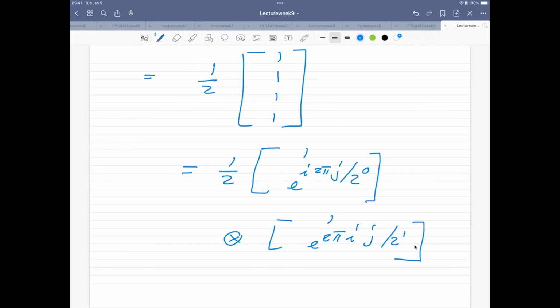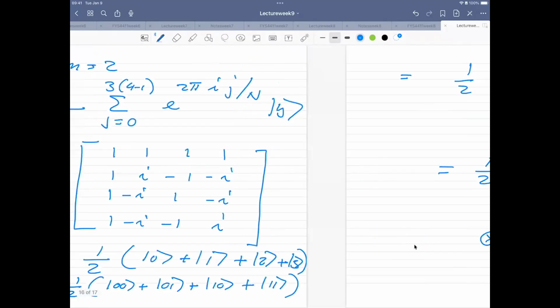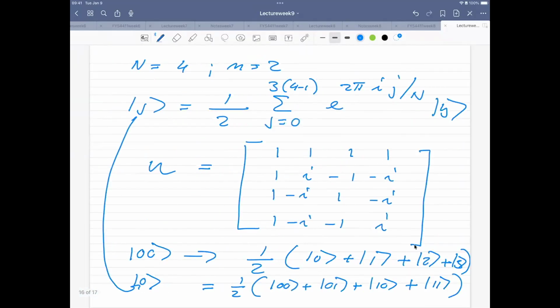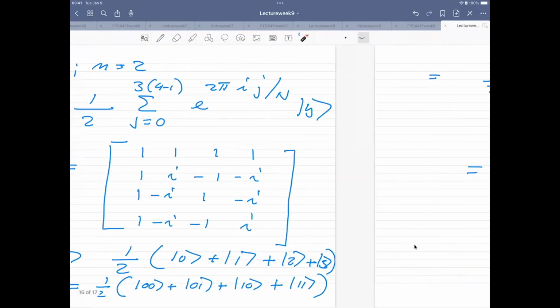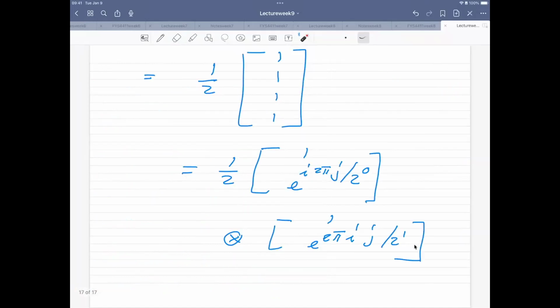So if j is equal to 0, as we had in this specific case, then these exponentials are just ones. And so these translate simply into just 1, 1 tensor product with 1, 1, which gives us this final result.